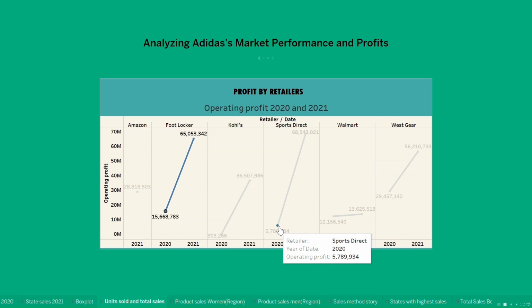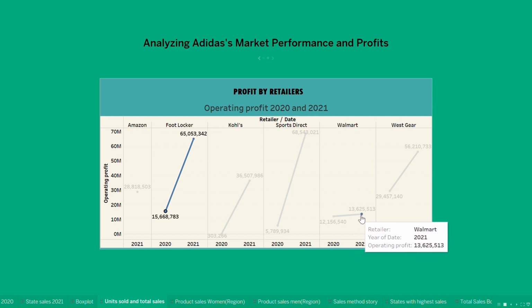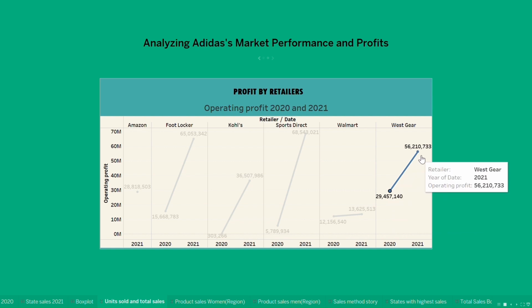From Sports Direct, it also increased from 5.7 million to 68.5 million. That's also about a 13 times increase. And then we can see Walmart, per the sales and the units sold, their increase wasn't so much. And with Westgear, they moved from 29 million to 56 million.